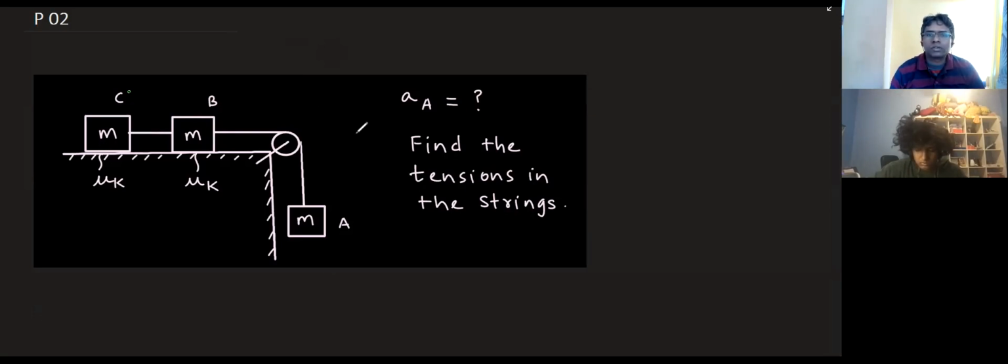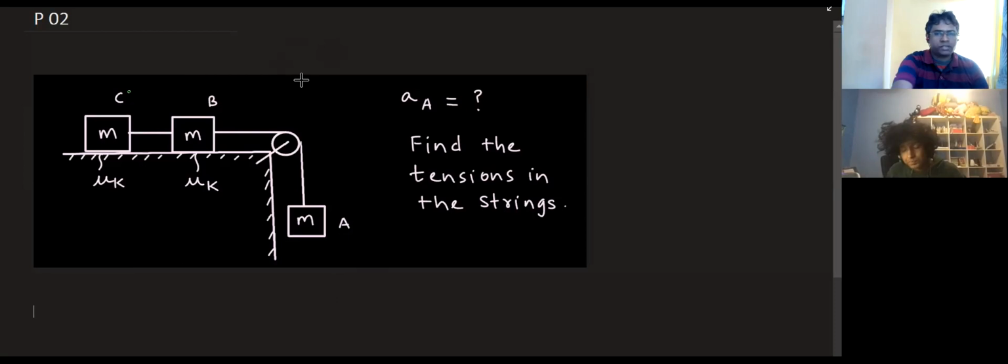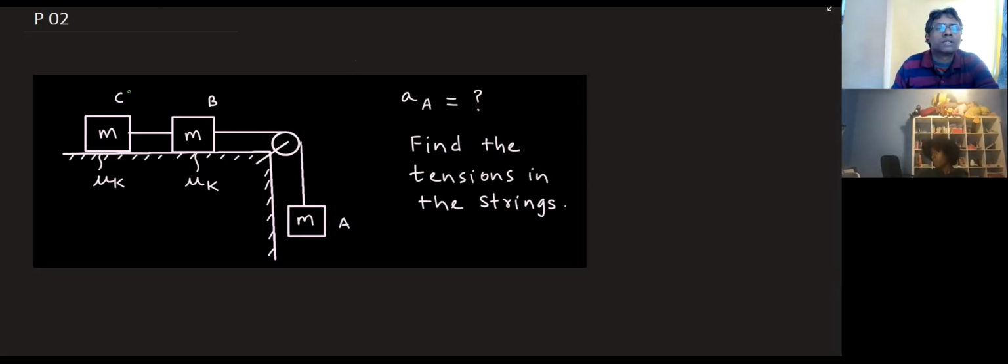Suppose I take any portion of the string connecting A and B, whether a horizontal section or a vertical section.